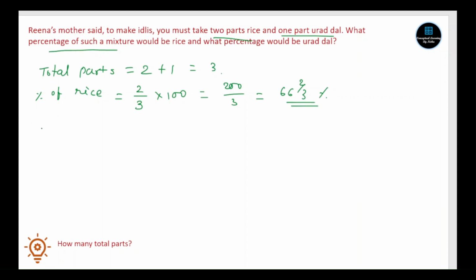Now for urad dal, percent of urad dal is 1 part out of 3 parts times 100, which is equal to 33 1/3%. So easy. Alright.